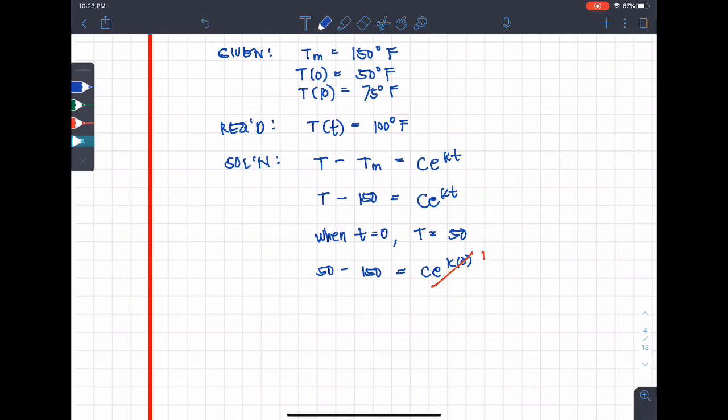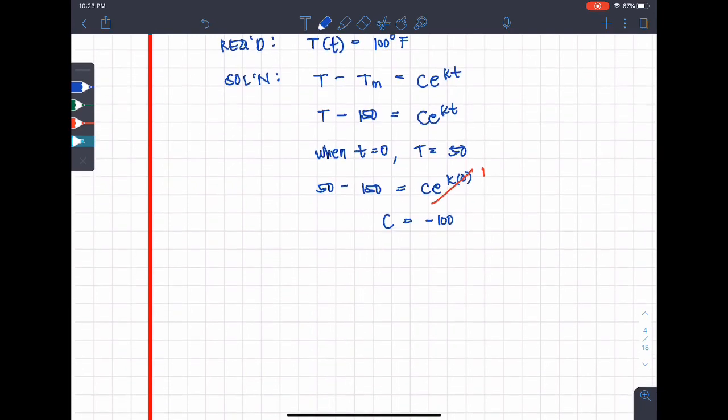So giving us the value of C to be 50 minus 150, that is negative 100. Substituting it again for C, we'll have T minus 150 is equal to negative 100 e^(kT).